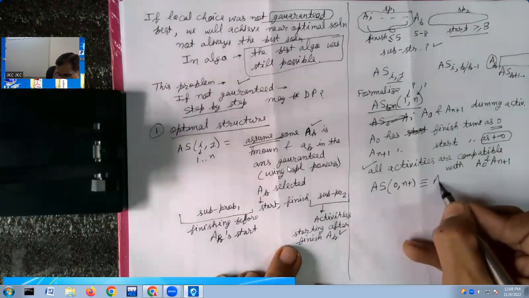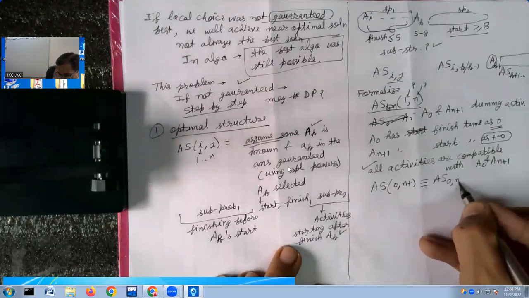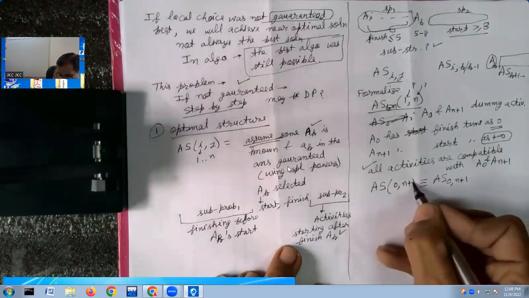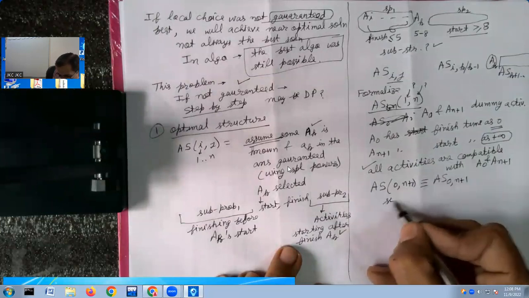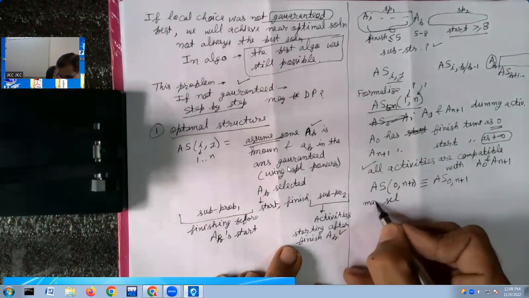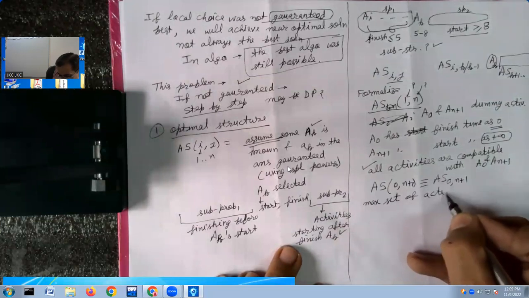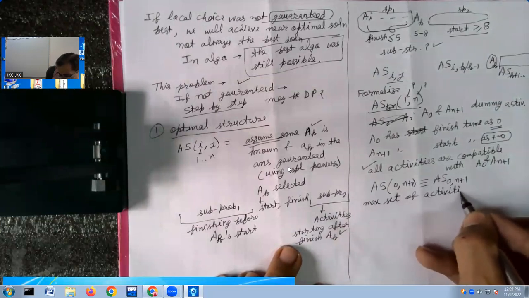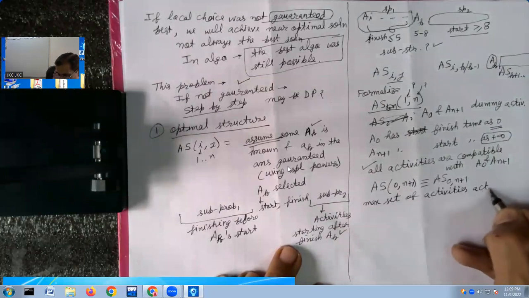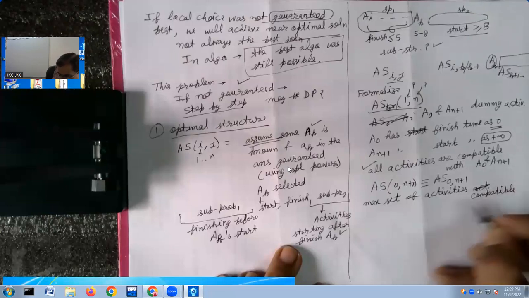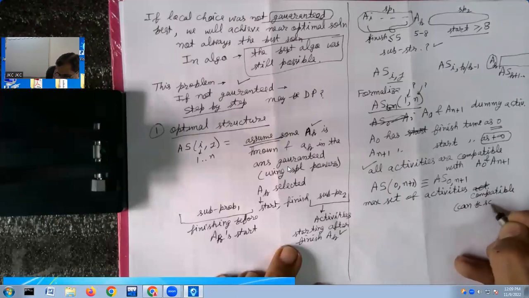It means the maximum set of activities which can be scheduled, or which are compatible. They are compatible, which effectively means they can be scheduled within these constraints.